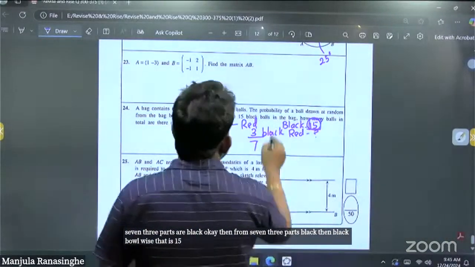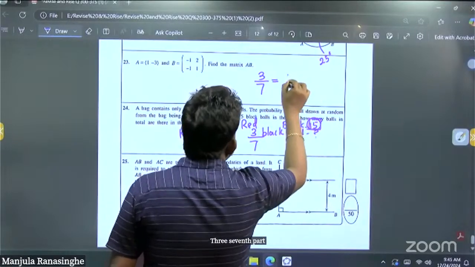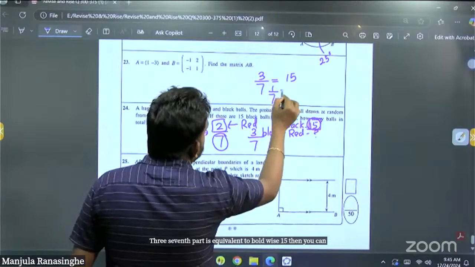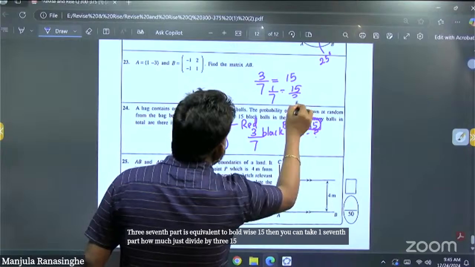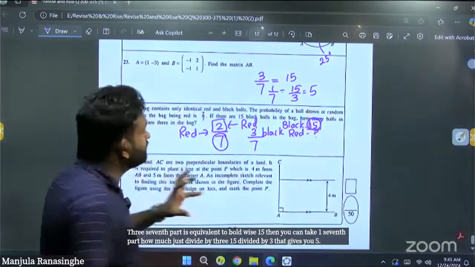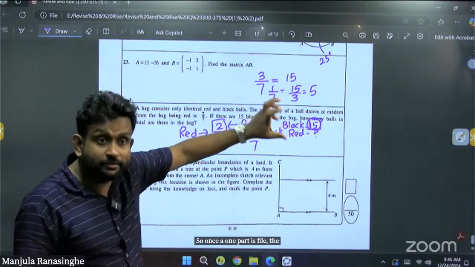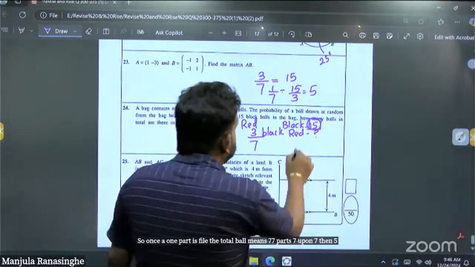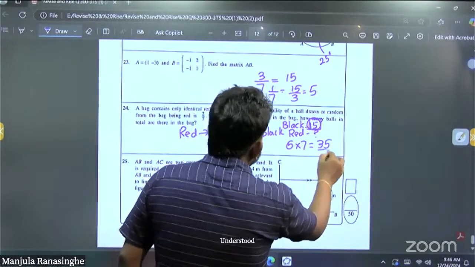So 3/7 part is equivalent to 15 balls. Then 1/7 part: just divide by 3, 15 divided by 3 gives 5. The total is 7/7 part, so 5 into 7, 35 balls. Understood? So we have a total of 35 balls.